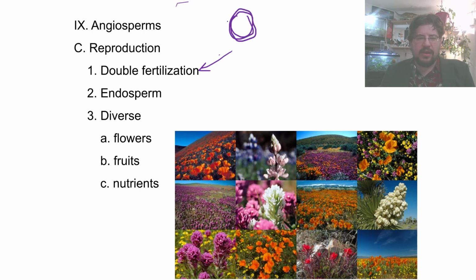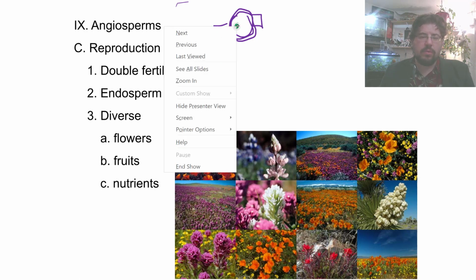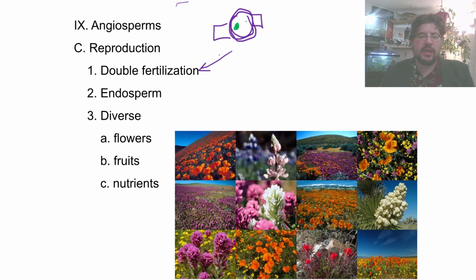Inside the pollen grain of an angiosperm, we find one sperm nucleus, and then we find a second sperm nucleus. Two sperm nuclei. So this is going to set us up for double fertilization.